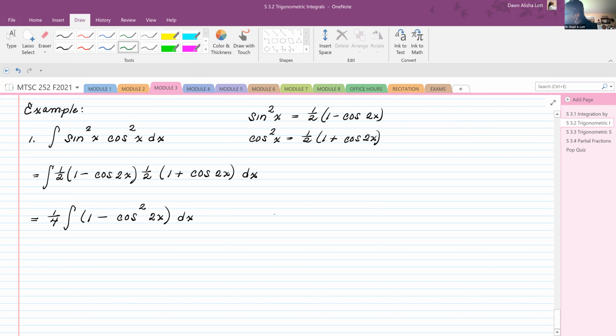Got to use the fact that cosine squared of 2x is 1/2 times 1 plus the cosine of 4x. Okay. So now I get 1 over 4, the integral of 1 minus 1/2 times 1 plus the cosine of 4x. That's what goes in there, dx.